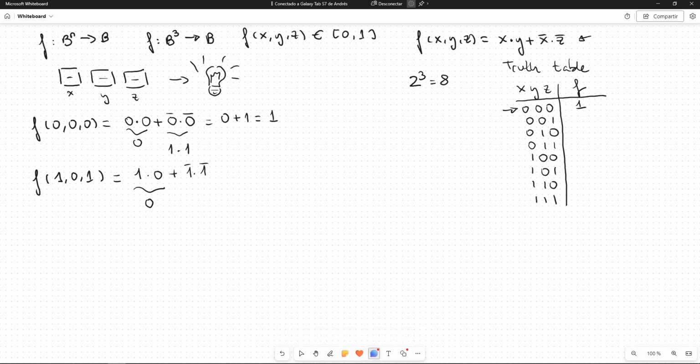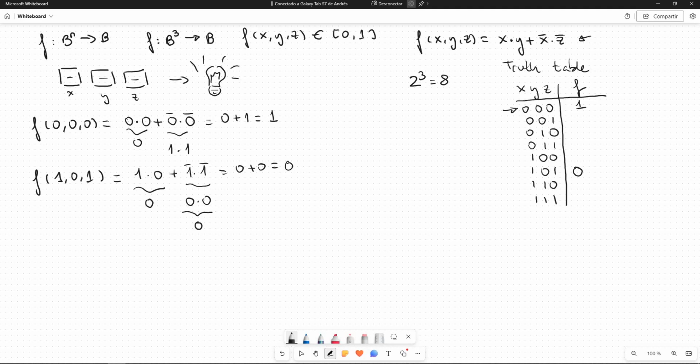And this is the complementation of 1, which is 0, and 0 multiplied by 0 is 0. So for the combination 5, the output is 0.